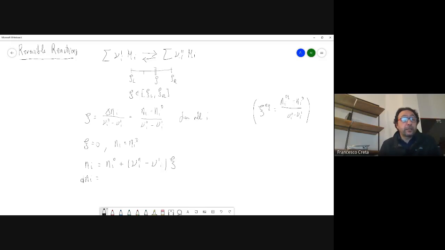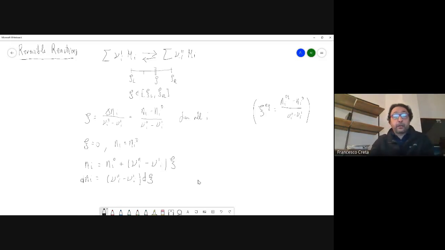This is a constant, so again this will simply be the stoichiometric coefficient difference, nu i double prime minus nu i prime, times d psi. That's all it is.